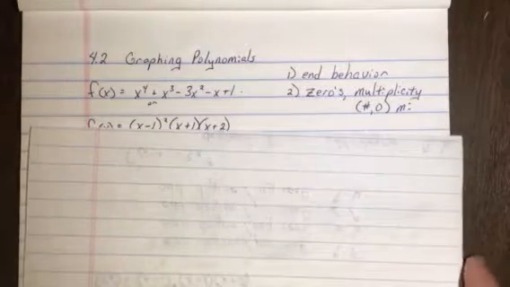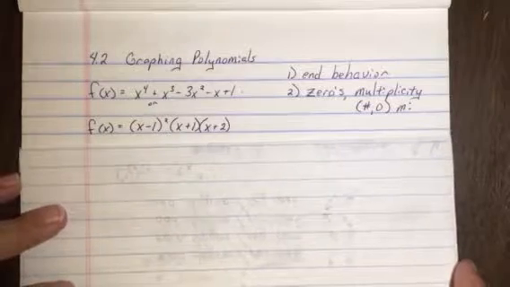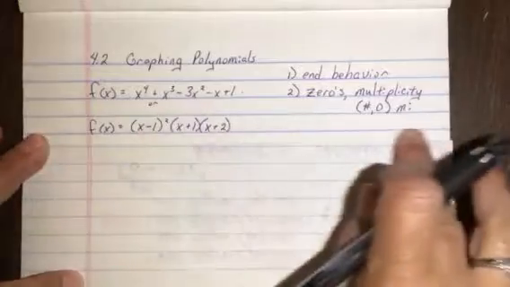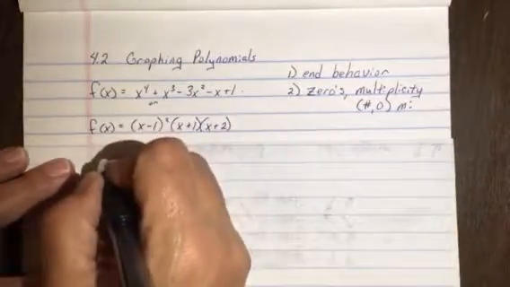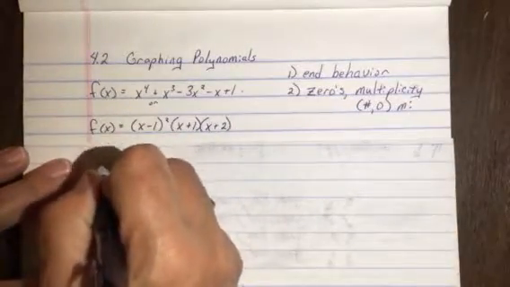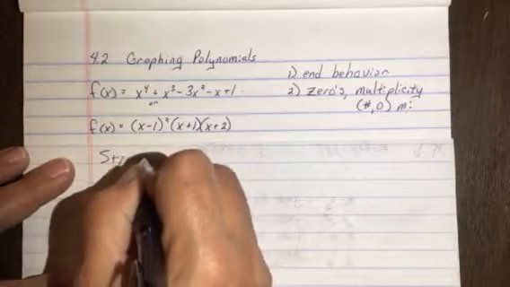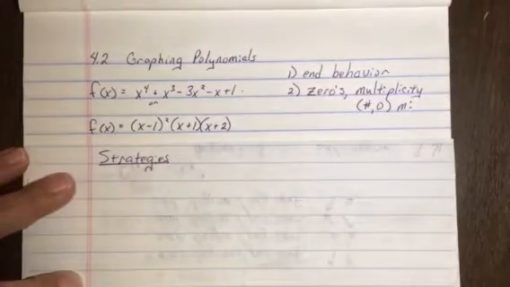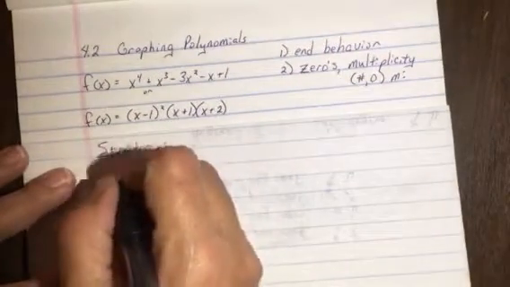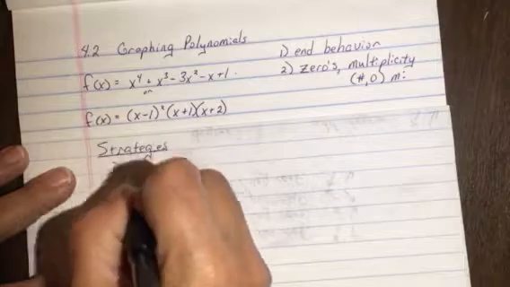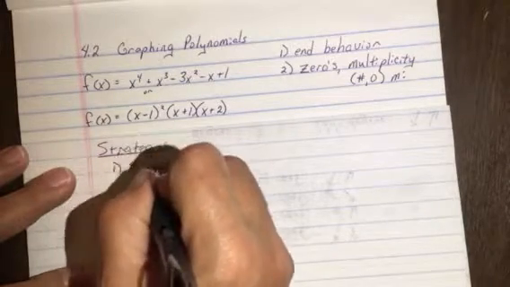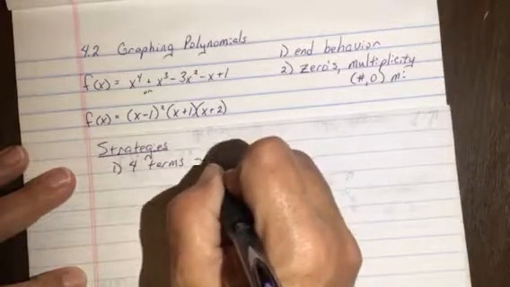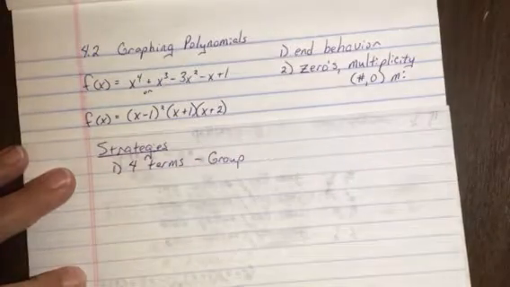Well, when it's not in its factored format, think back to your strategies of factoring. If it's 4 terms, we group.